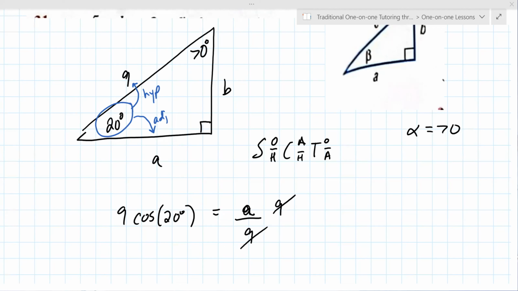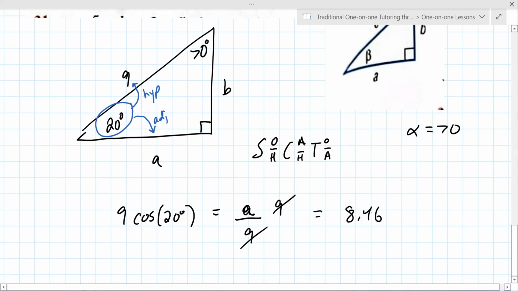Cosine 20. 9 cosine 20. 8.46. Yeah, 8.46. Good. Awesome.